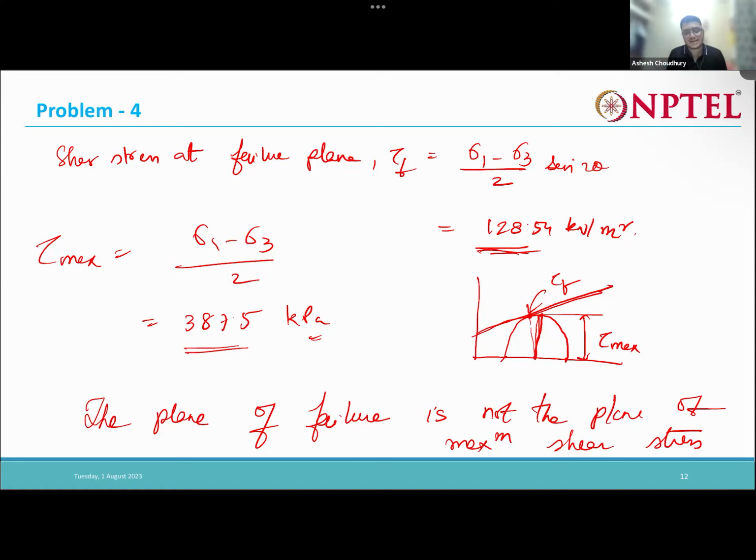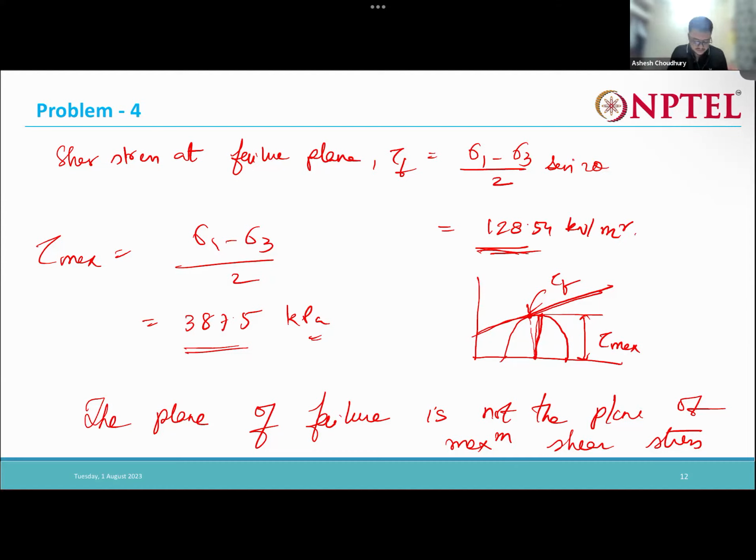So the sample actually does not always fail at the plane of maximum shear stress. It fails at some critical combination of normal stress and shear stress, right? At that failure plane, the shear stress is not maximum. The shear stress and the normal stress make a critical combination, and that becomes the failure plane.